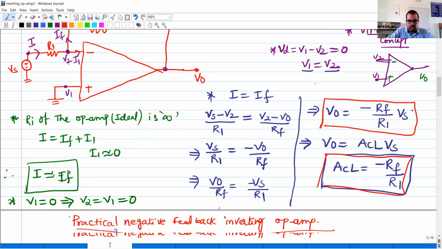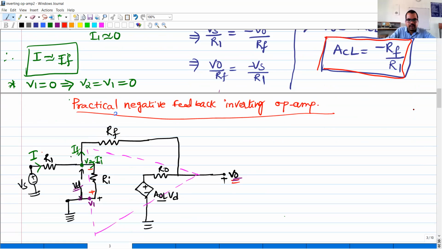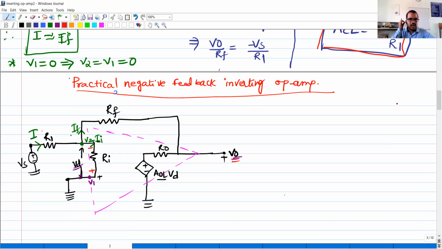And now here we will see the practical negative feedback inverting operational amplifier.